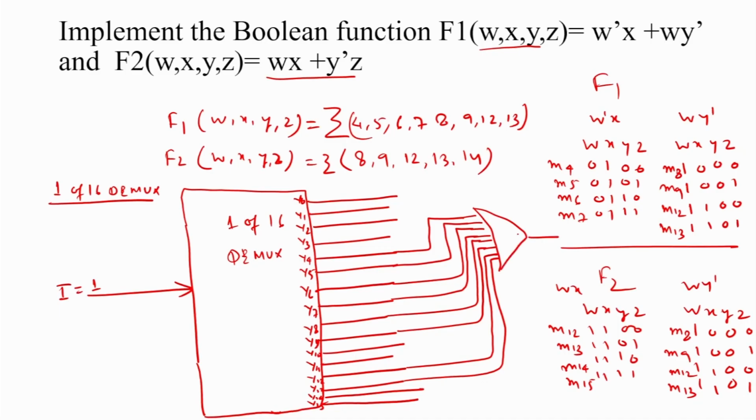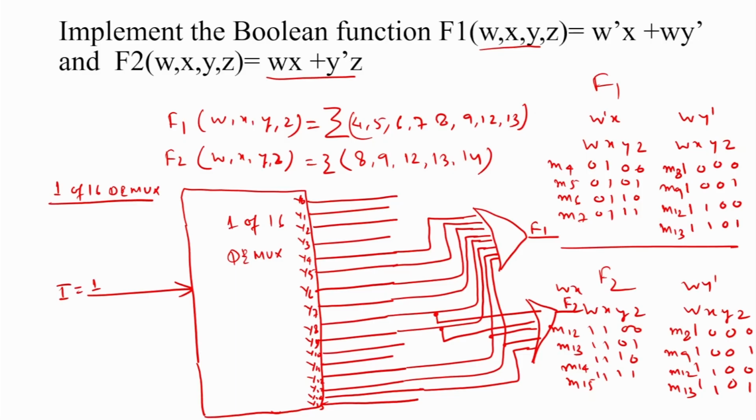This is represented through f1 by this OR gate. Similarly, 8 is taken from here, 9 is taken from here, then 12, 13, 14 and 15 are taken from here, and there is one OR gate. This simply represents function f2.